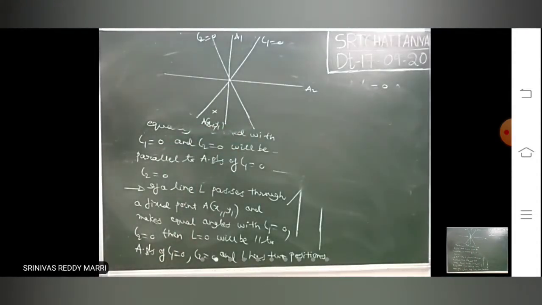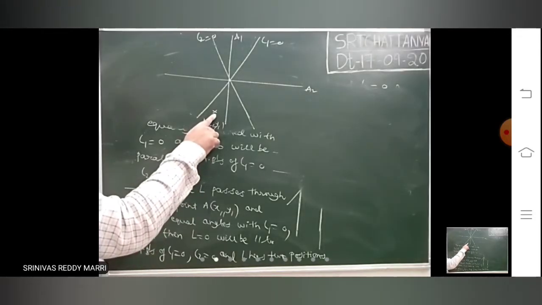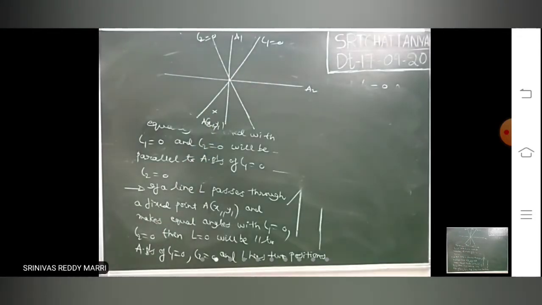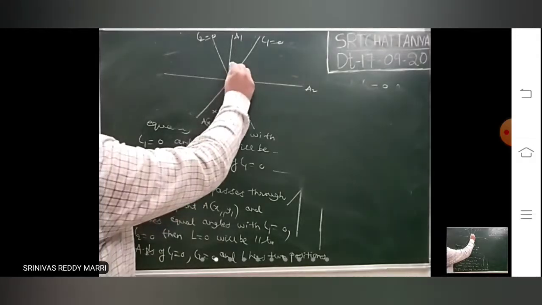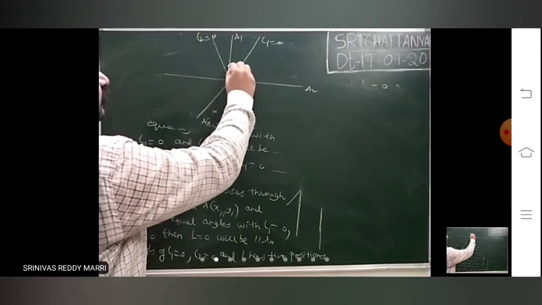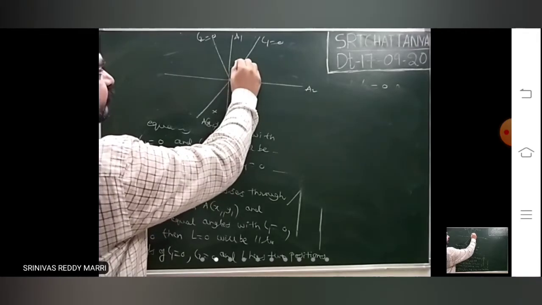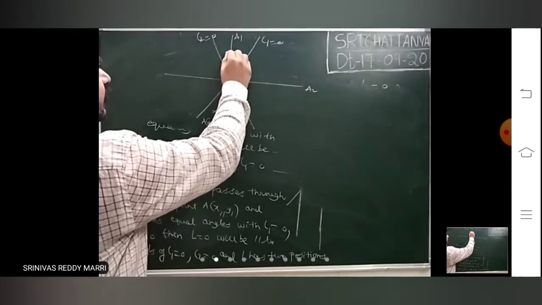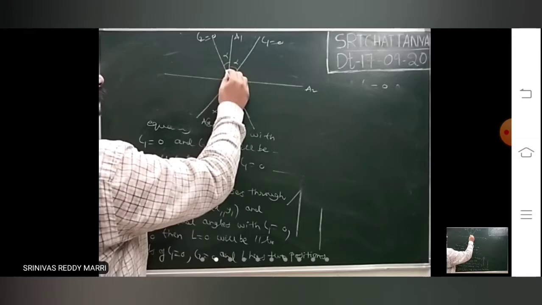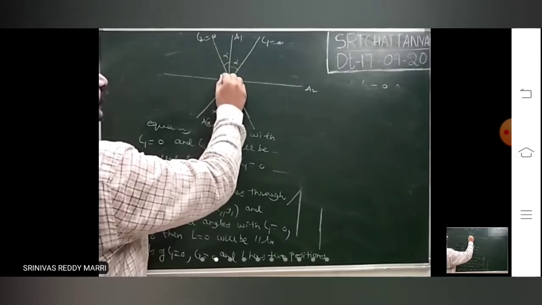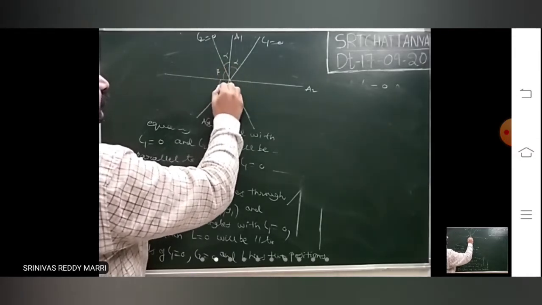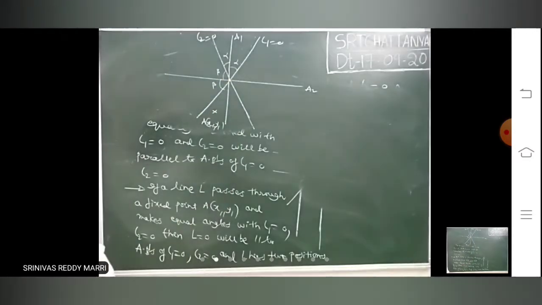Now you want to find a line passing through A and making equal angles with L1 equal to 0 and L2 equal to 0. Let us say this angle is alpha, this angle is alpha, and this angle is beta, this angle is beta, two angular bisectors.